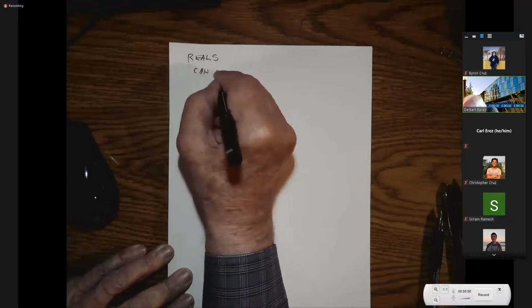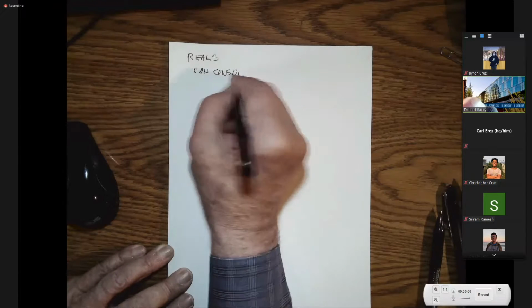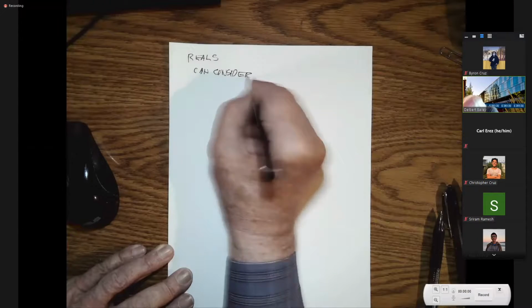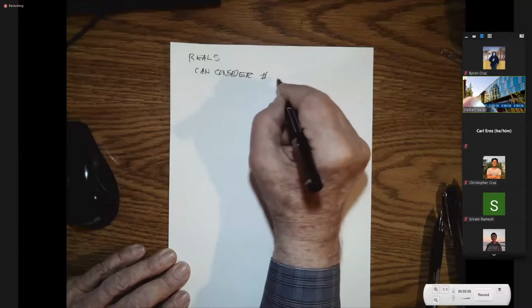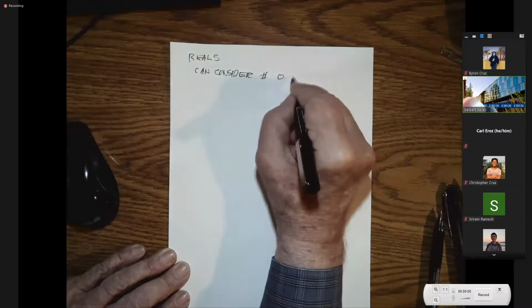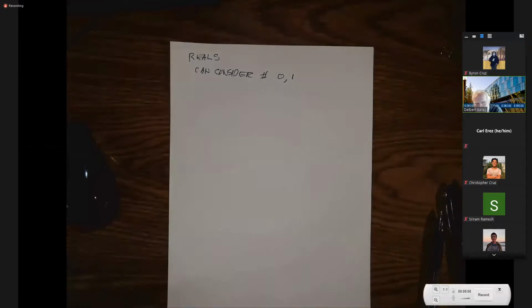So we can consider the numbers between zero and 1, let's say. So we need an argument for why we can do this.